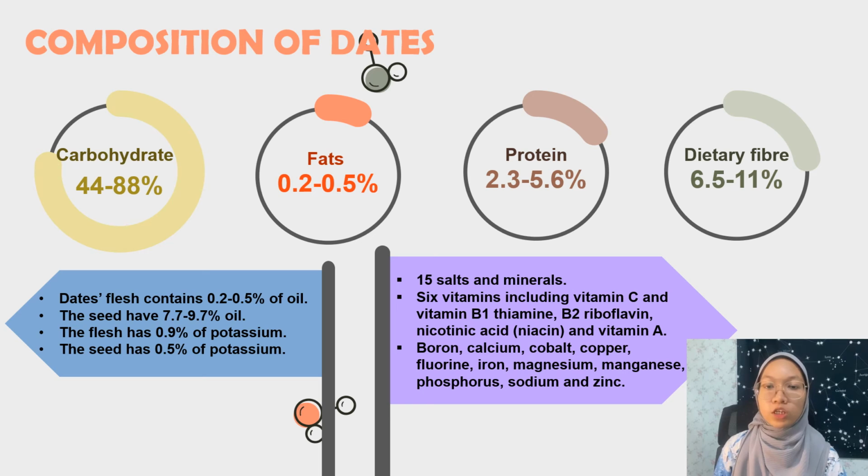Dates also have 15 salts plus 6 vitamins, including vitamin C, vitamin B1, vitamin B2, niacin, and vitamin A. They also contain other substances, which are boron, calcium, cobalt, copper, fluorine, iron, manganese, magnesium, phosphorus, sodium, and zinc.